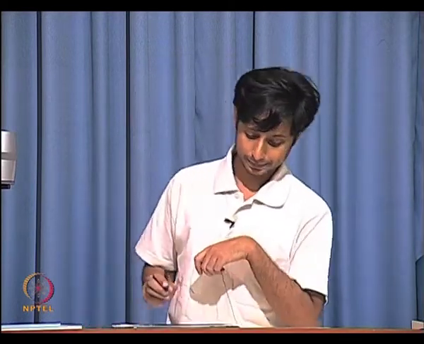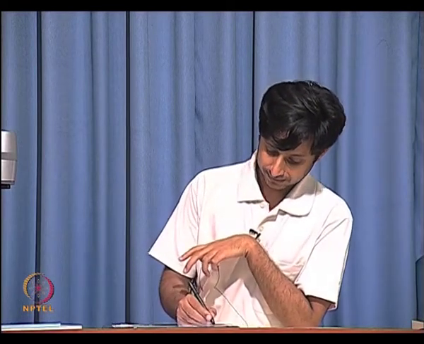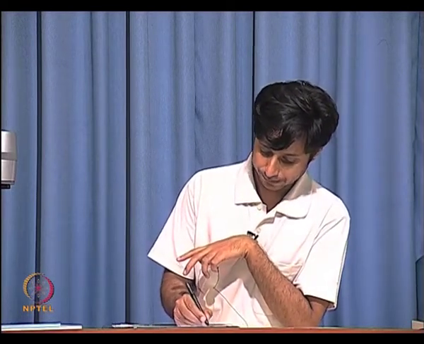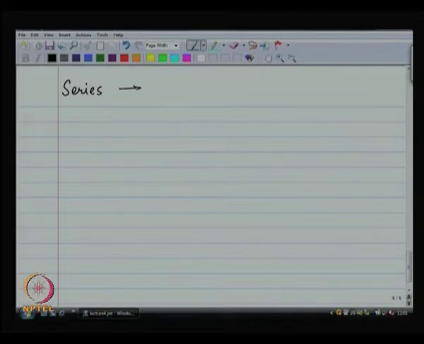Now, the next important thing is a series to parallel transformation. Now, the question is that suppose I have a series RLC network.